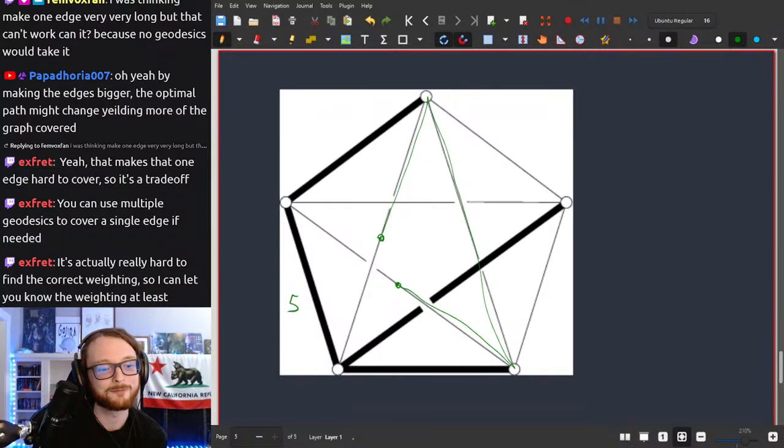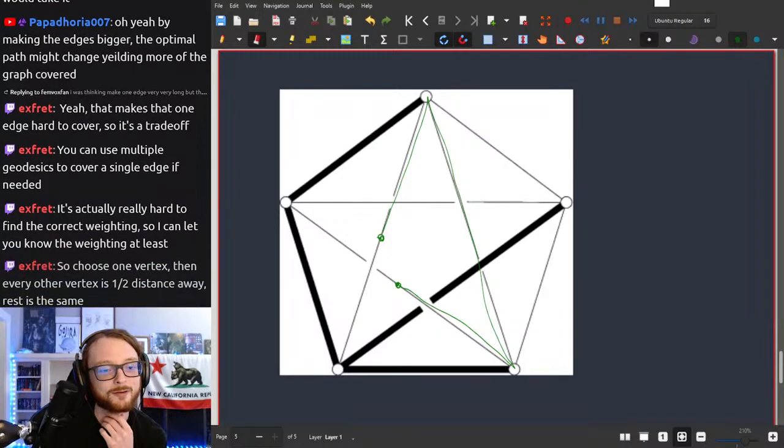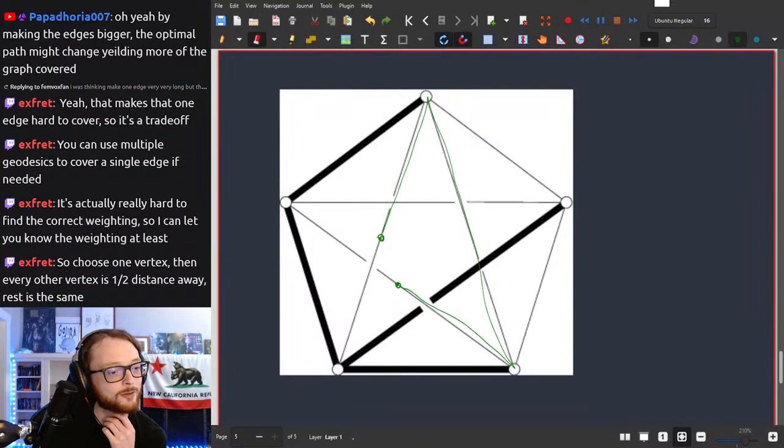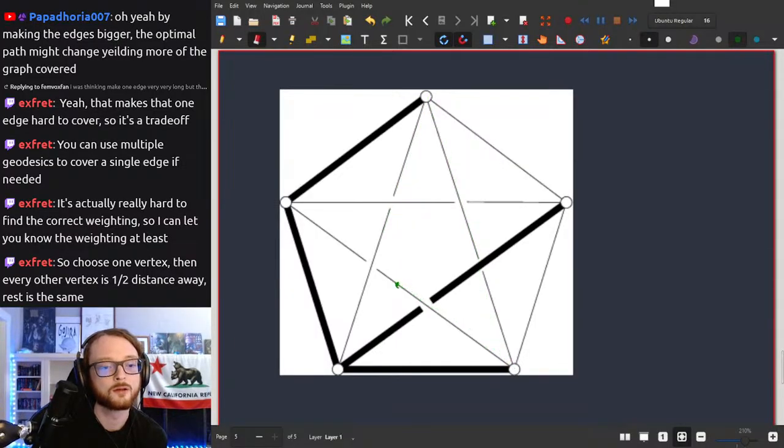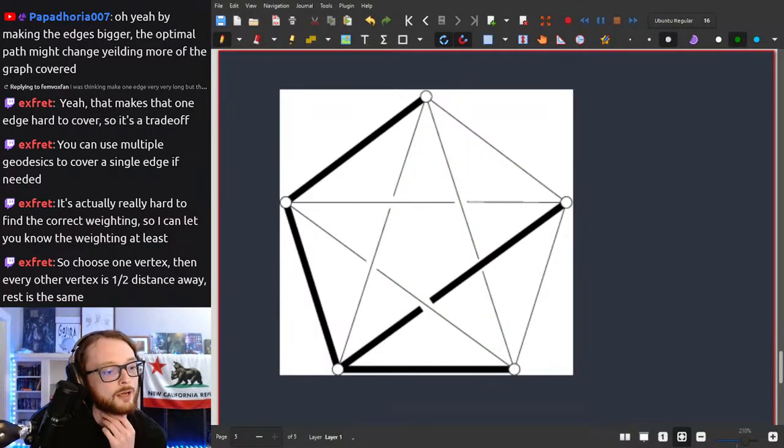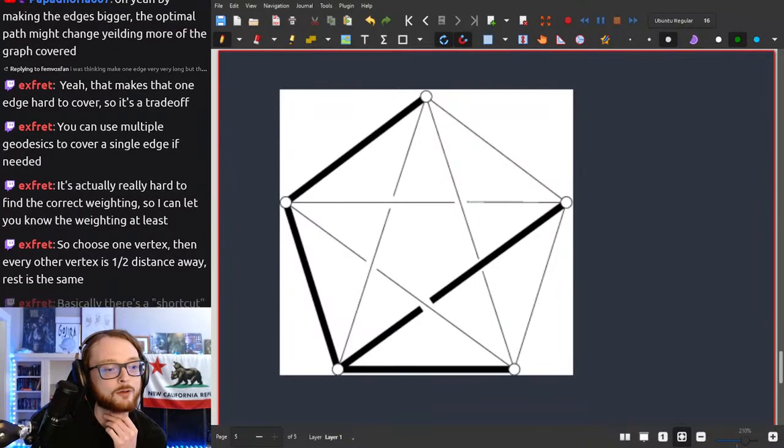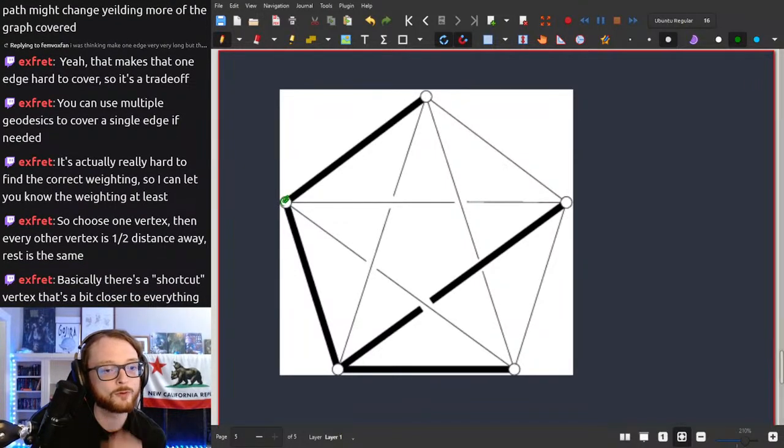I'm probably not figuring it out naturally. Choose one vertex, and every other vertex is a half distance away. So if I choose this vertex, a half, a half, a half, a half.